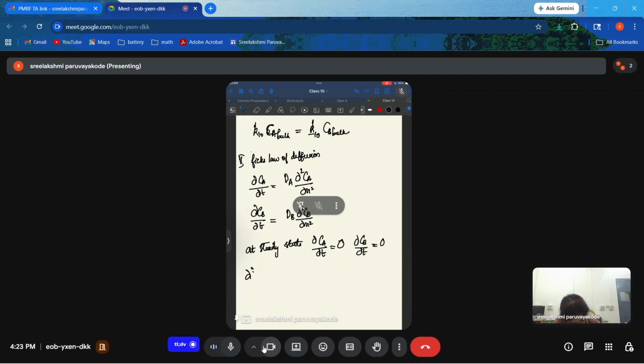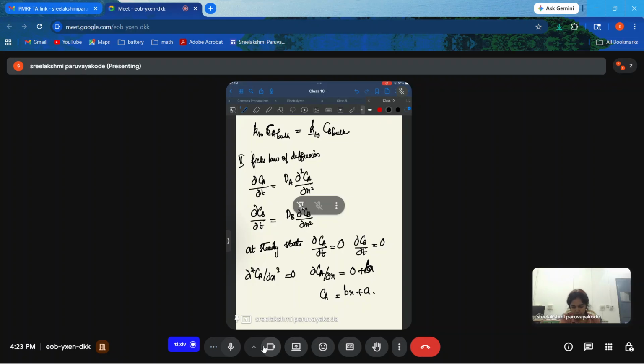So dou square CA by dou X square equal to 0. Let's integrate it the first time. We get dou CA by dou X equal to 0 plus one constant, which I would say as B, for instance. Now again integrate: CA equal to BX plus A.